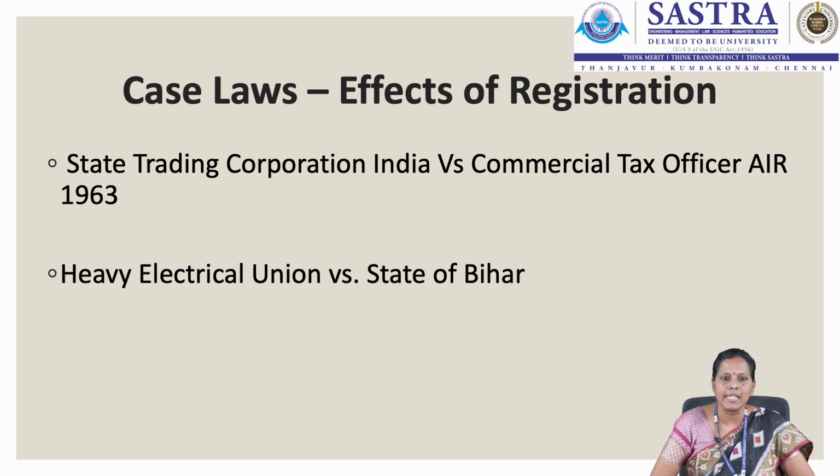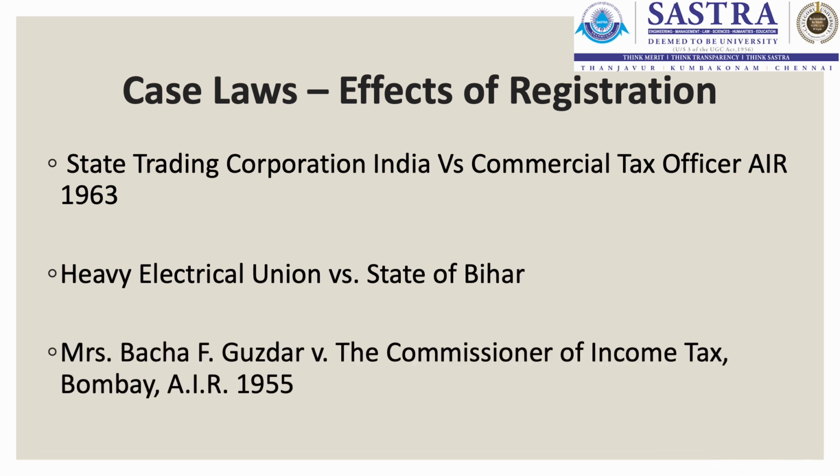In the last case, we have the case between Mrs. Bacha F. Guzdar and the Commissioner of Income Tax. Mrs. Bacha F. Guzdar had a tea estate, and the income generated from the tea estate was exempted from taxes, and the company was getting a concession in taxation as it fell under agricultural income.